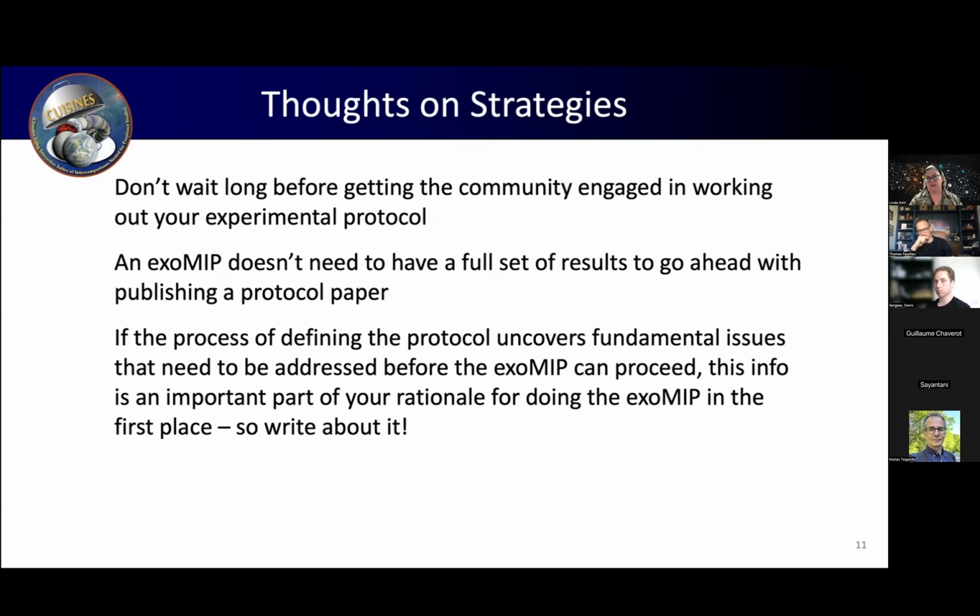This is a science result, I would argue. And so again, if you are concerned about a reviewer not liking a paper because it doesn't have some brand new science in it, discovering that you need to take care of some things before you can go ahead with your intercomparison is science. And so include that.